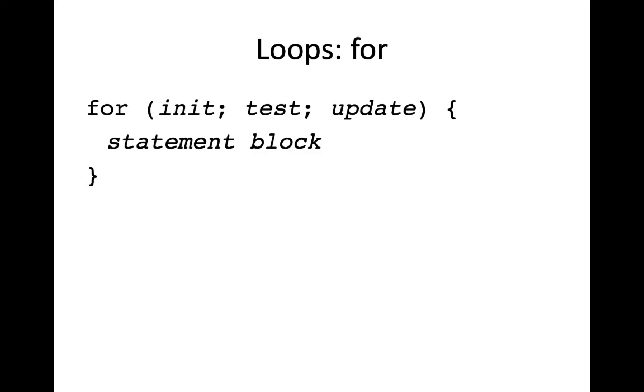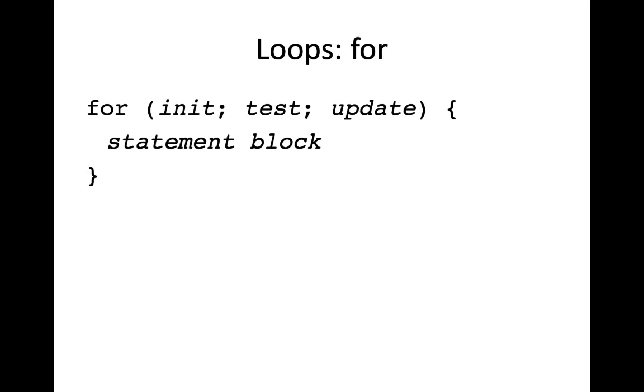So initialize, test, if true, do the statement block, update, test, if true, do the statement block, update, test, if true, do the statement block, over and over again until finally the test comes out false, and then you pick up after the for statement.